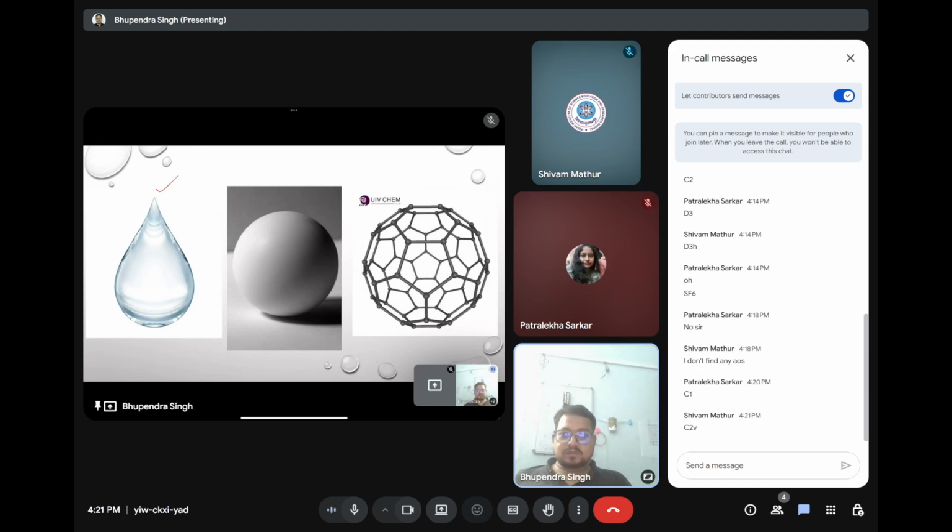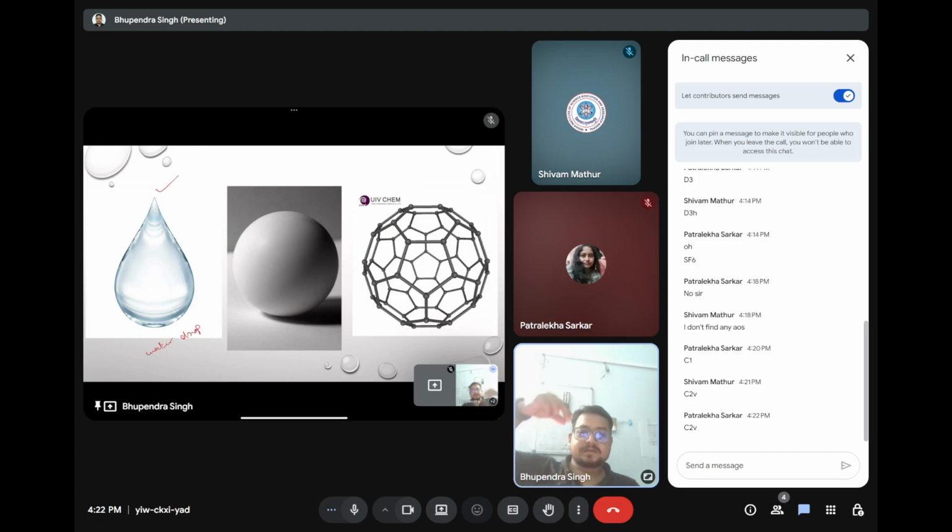Shivam is saying C2V. Patlika is also saying C2V. It is not C2V. This is a drop, a water drop. Just like a balloon.